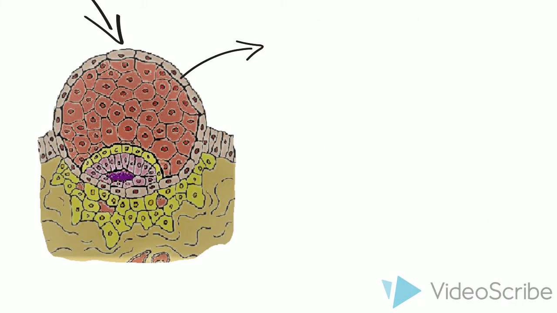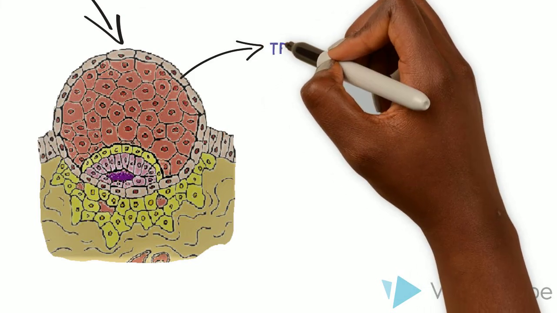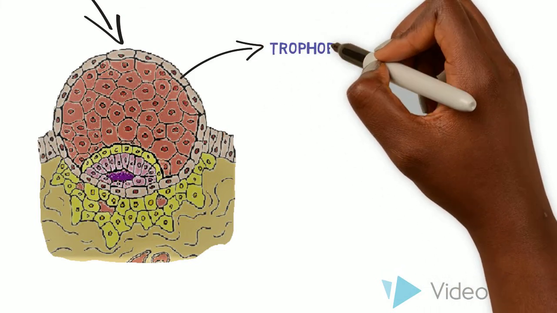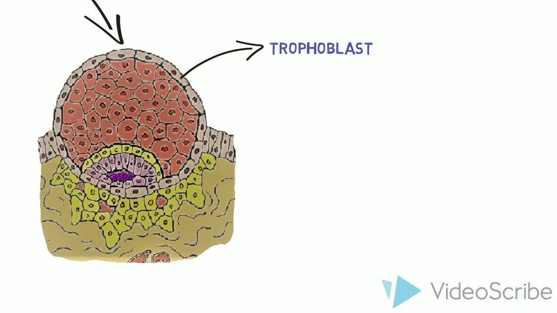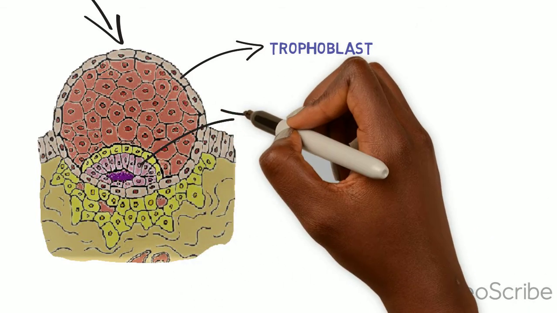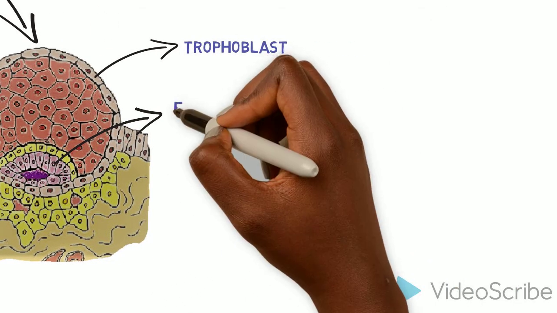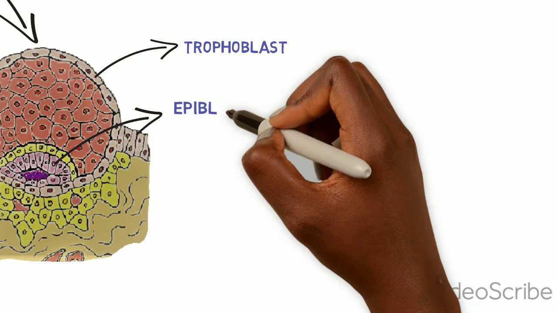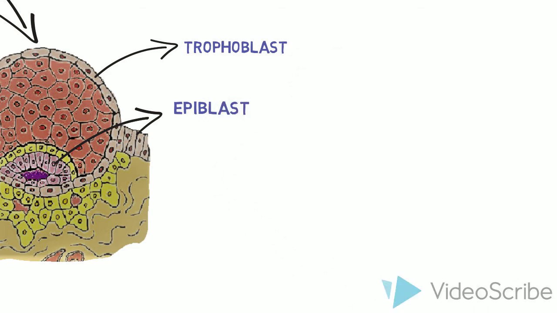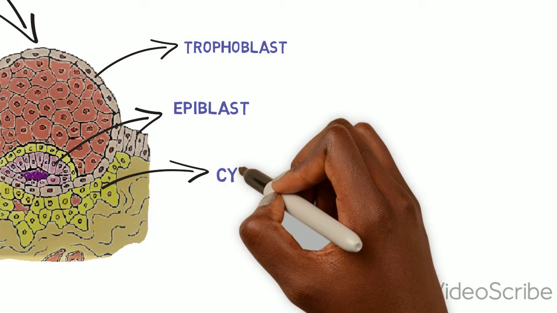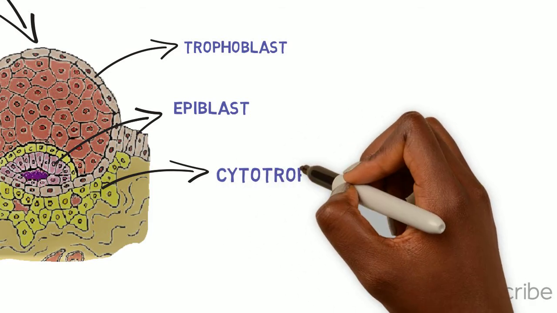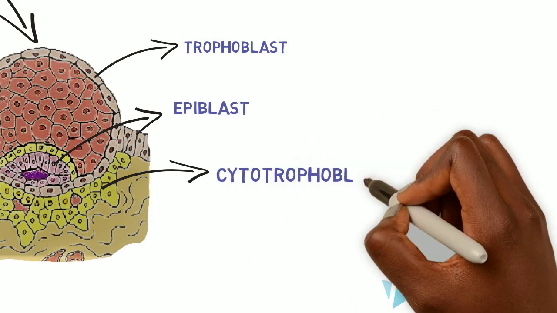So here we have the trophoblast. This trophoblast will eventually differentiate into a cytotrophoblast that we'll talk about later. We also have the epiblast that will develop into the embryo. And here are the cytotrophoblast cells that are interacting with the endometrium.